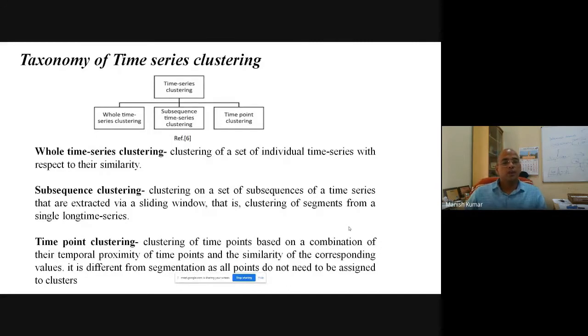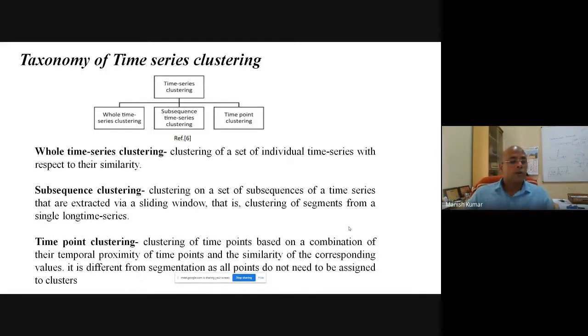In subsequence clustering, we take subsequences of the time series data and apply the clustering algorithm on those segments, which come from a long time series.